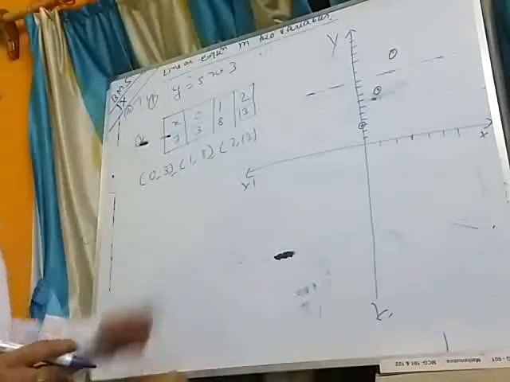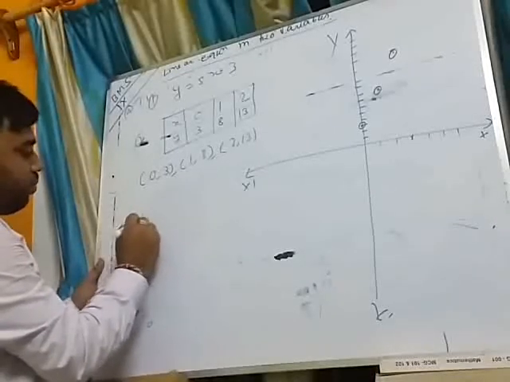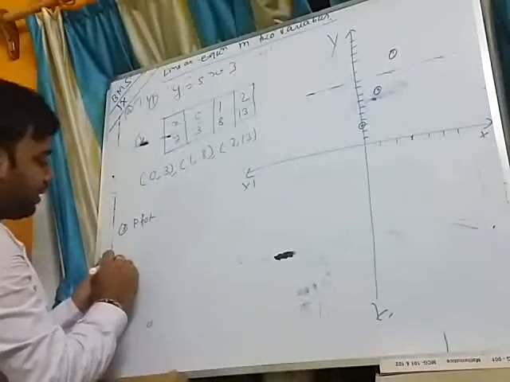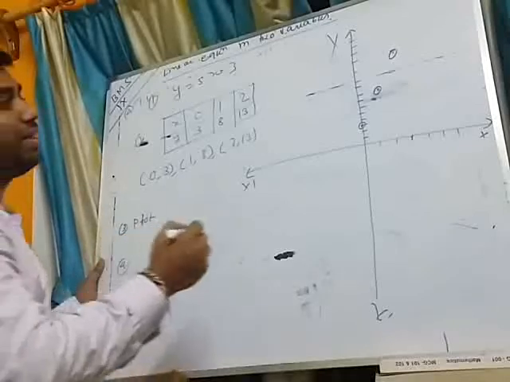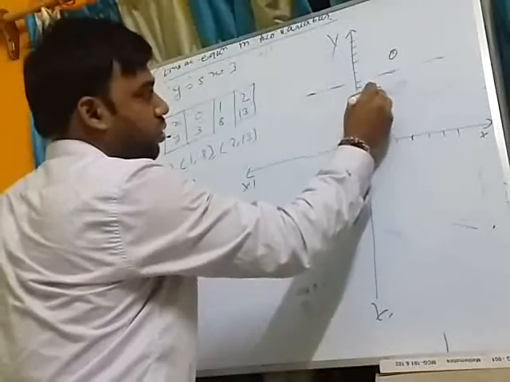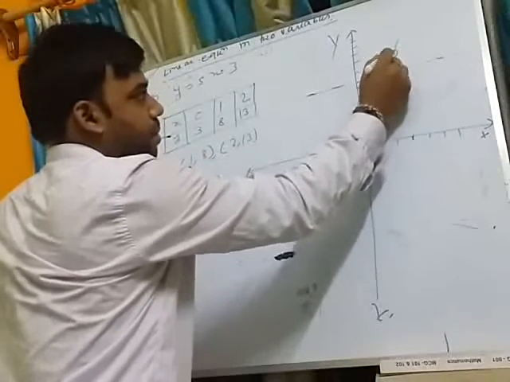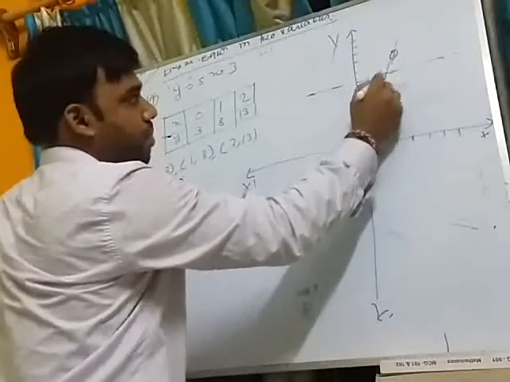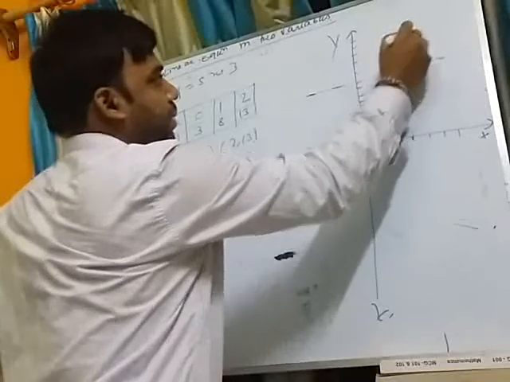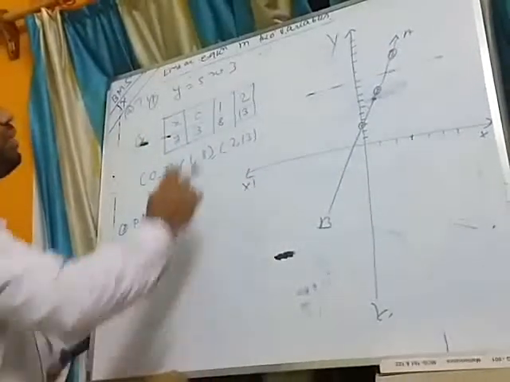Now I have plotted 3 points, and for the fourth step, just join them with the help of a scale.